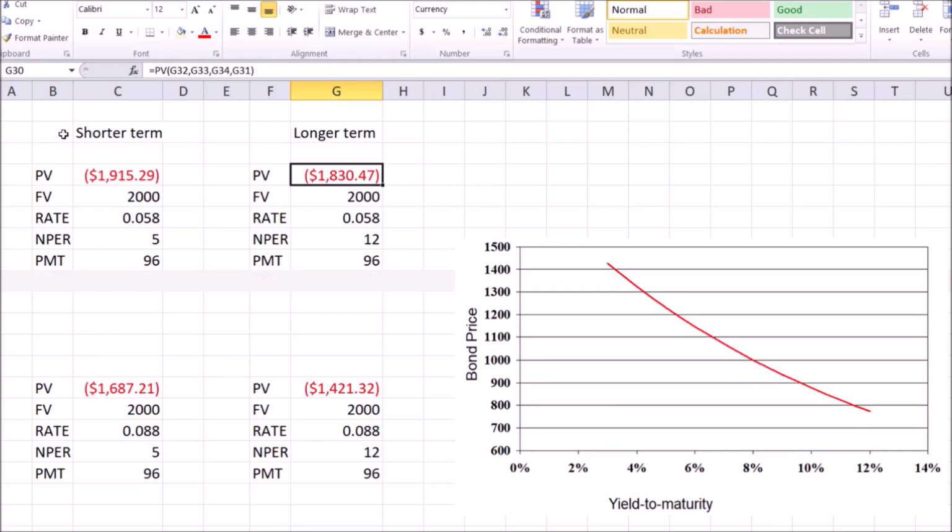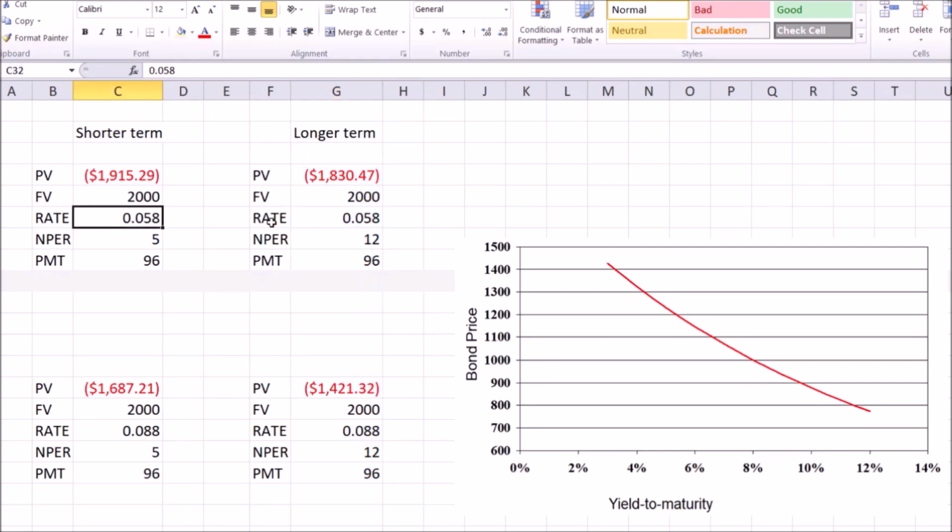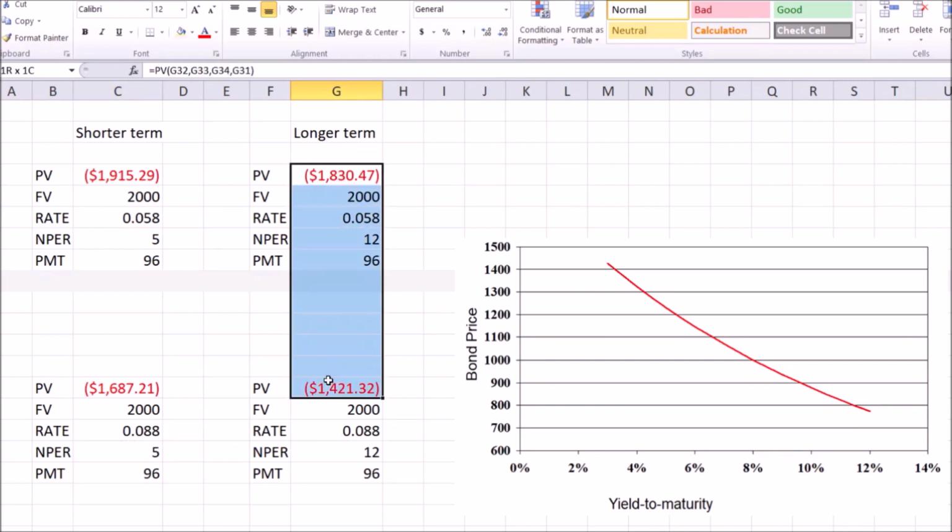So we are learning from this example of 4 bonds that while the relationship between price of the bond and interest rate is a negative one, meaning that as interest rates rise, the price drops and vice versa, this sensitivity of price to interest rates is greater for longer term bonds. We see that for the same change in interest rates from 5.8% to 8.8%, the price of a longer term bonds falls by more, both in the actual numbers as well as the percentage terms.